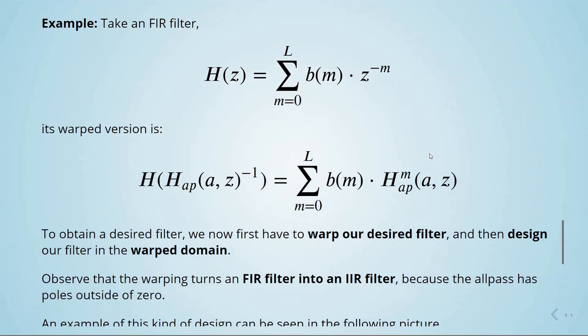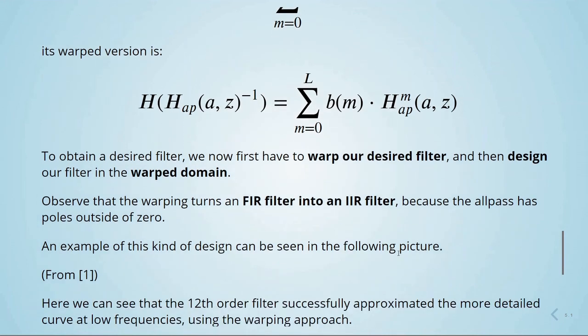To obtain a desired filter, we first have to warp our desired filter and then design our filter in the warped domain. And observe that the warping turns an FIR filter into an IIR filter.